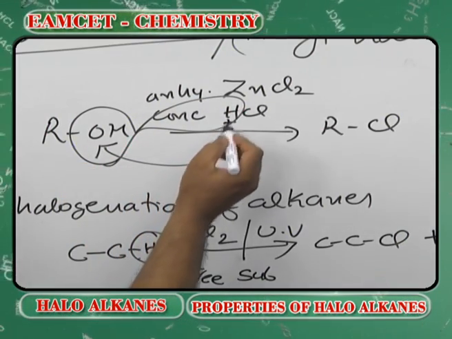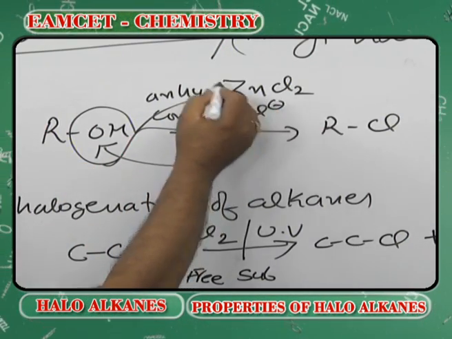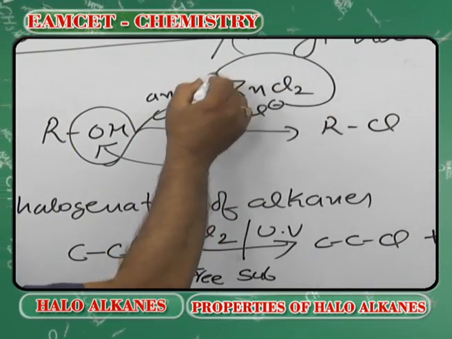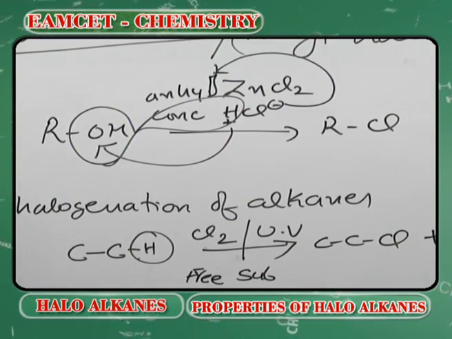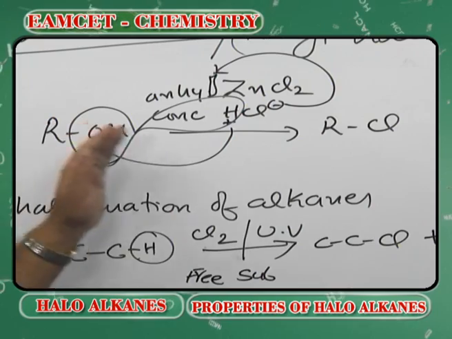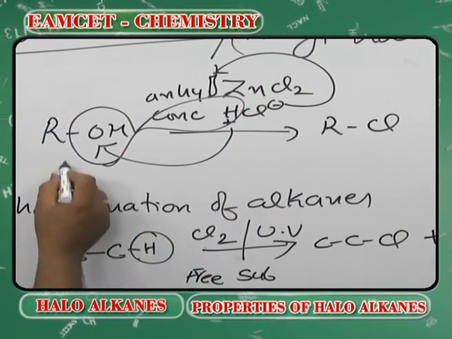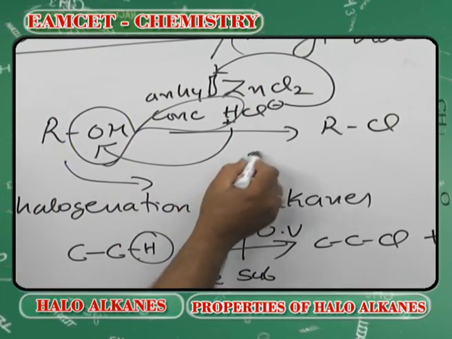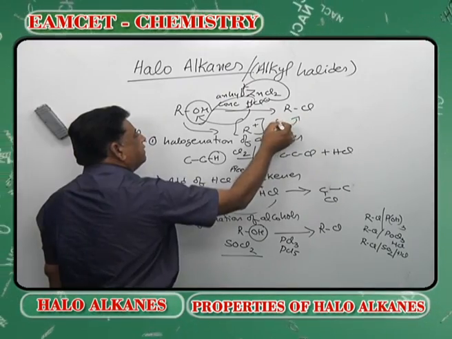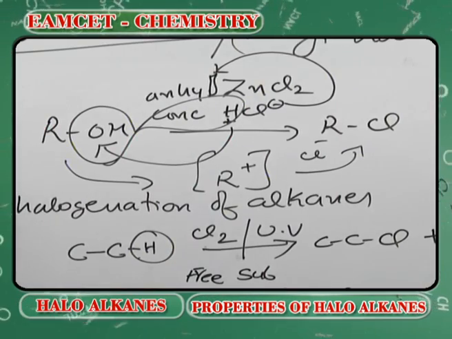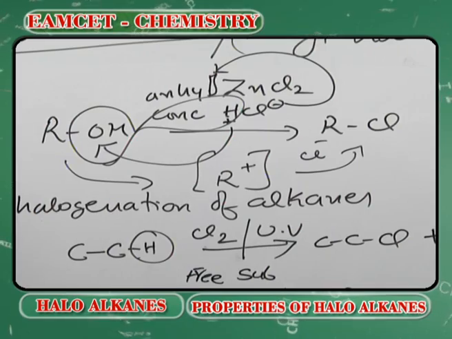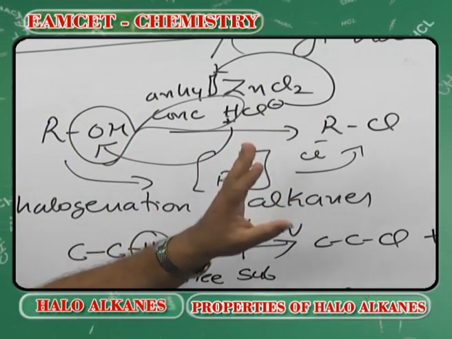The anhydrous zinc chloride first takes away the Cl minus, then attacks here, and the removal of the OH takes place. It passes into a carbocation intermediate, then the zinc chloride releases the Cl minus, which replaces the OH. This is because Cl minus is a weak nucleophile which cannot replace the OH directly. Therefore, we are using an indirect mechanism.